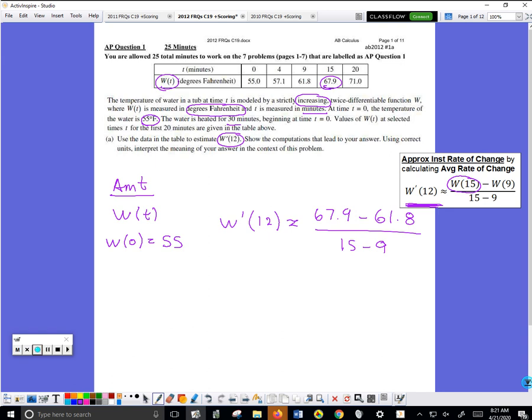Use data to estimate this, show computations using correct units. We need to have the units here. So this is a change in temperature in degrees Fahrenheit. So that's going to be degrees F divided by the time, which is in minutes. So if you have this box on your paper right here, you'll get 1 point.